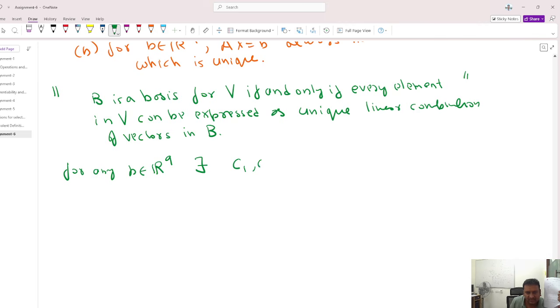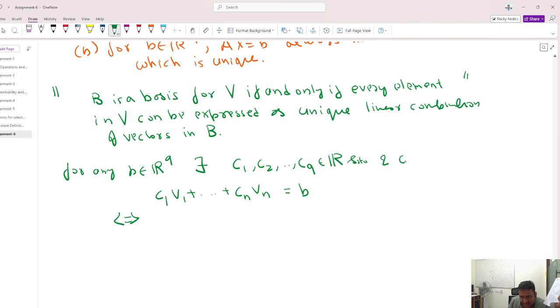So using this, if you take any B in R9, there exist some C1, C2, dot dot dot C9, such that C1 into V1 plus dot dot dot C9 into V9 is B. And the Ci are unique scalars, right? You cannot have different combinations, because you have learned that it can be expressed uniquely as a linear combination of vectors.